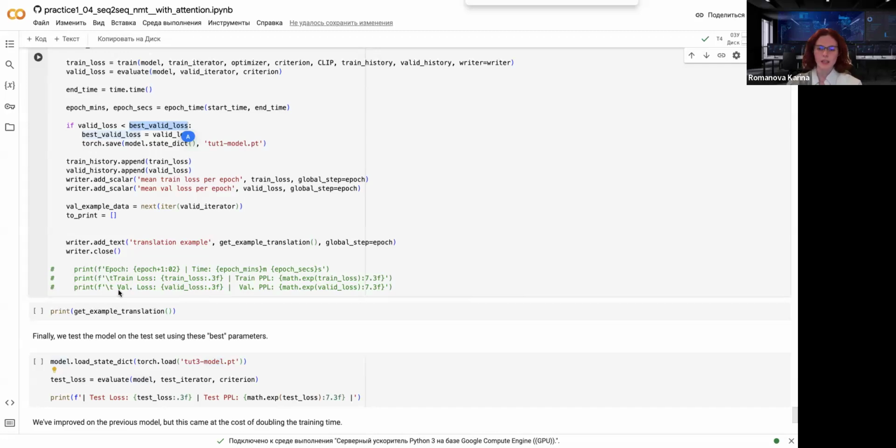Okay, I think we discussed a lot of information about attention. Did you understand how it works? Maybe yes, on the simplest example that I provided.